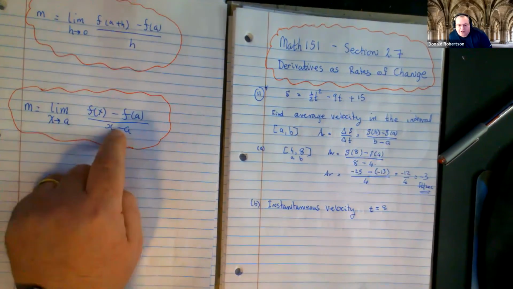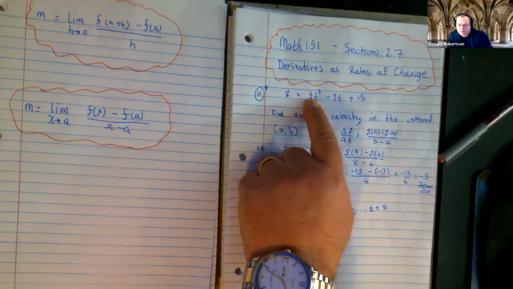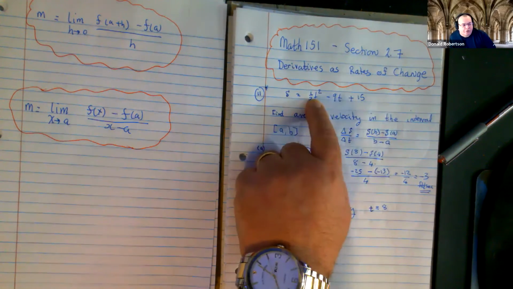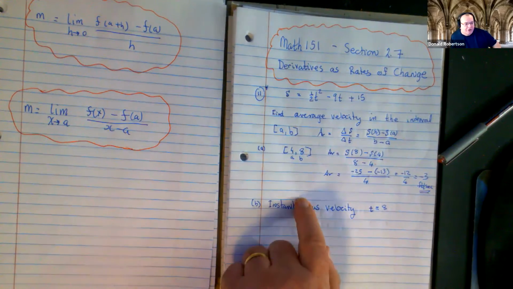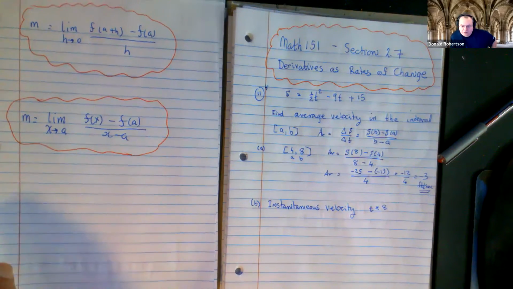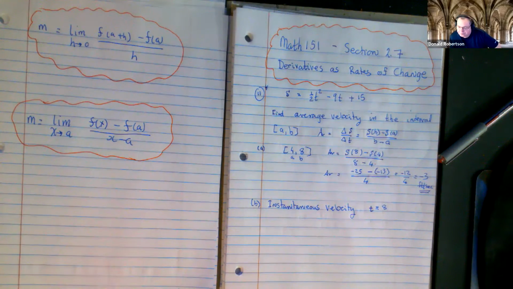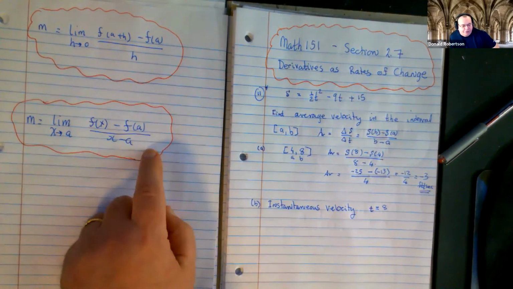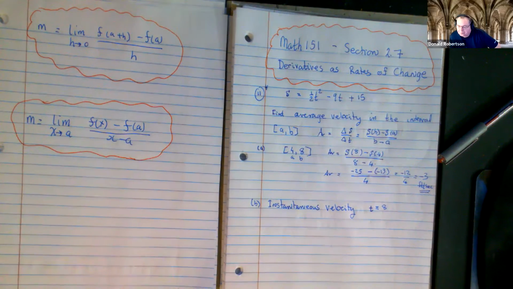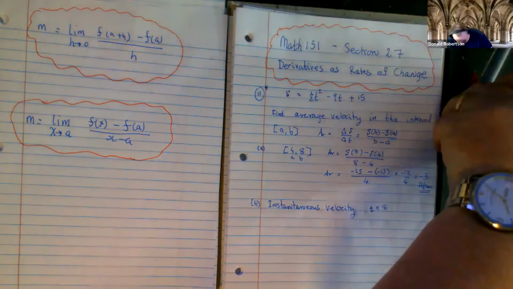Now, since this guy is a quadratic, great, should I use the top one or the bottom one to find the instantaneous velocity? Use this formula, or should I use this one? The H one?